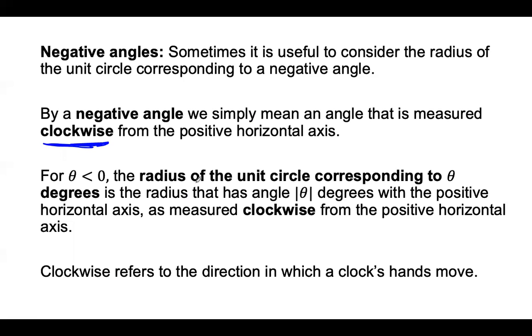In this case, the radius of the unit circle corresponds to this angle in degrees. It just refers to the direction of the clock's hand as it goes around. Clockwise is like a clock.